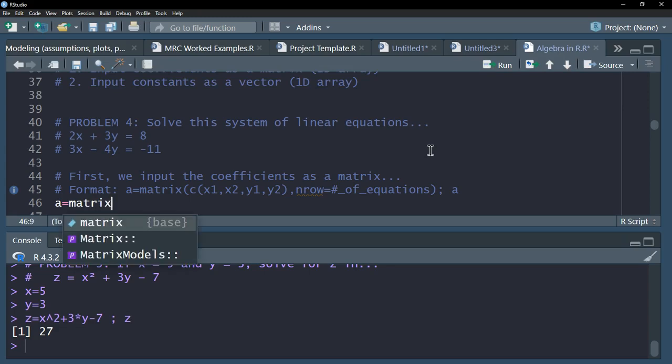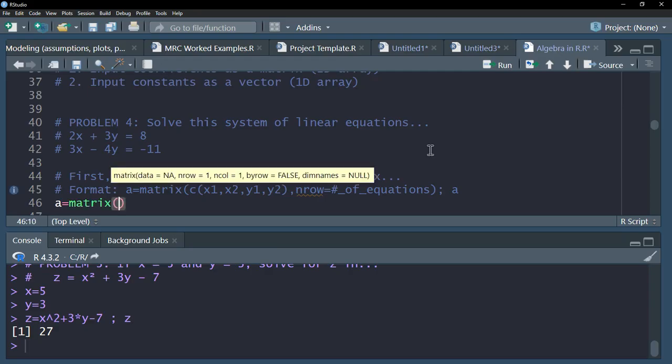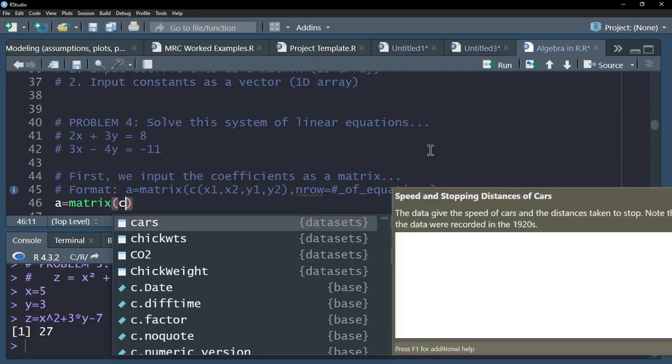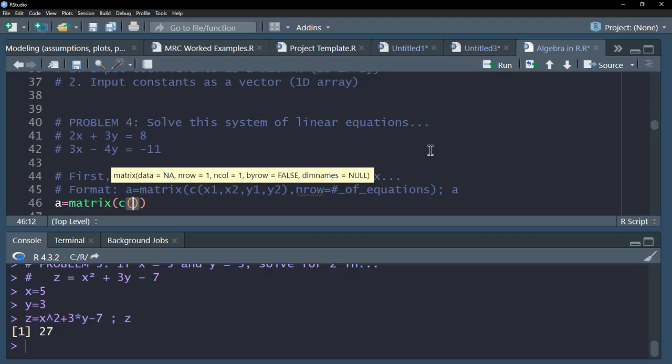So whenever I enter A, it's going to refer to a matrix, which is 2 dimensions. Think of like, if you have an Excel spreadsheet and you're seeing columns and rows, that's a matrix. It's a two-dimensional array of data. So create a matrix. Okay, it's going to be a combination of things. So we're going to give it a list of things to include.